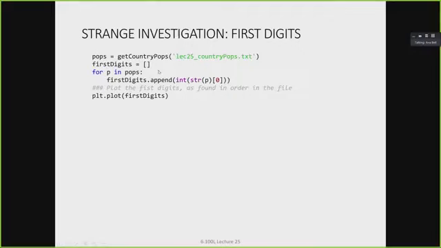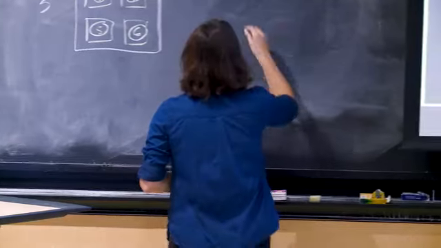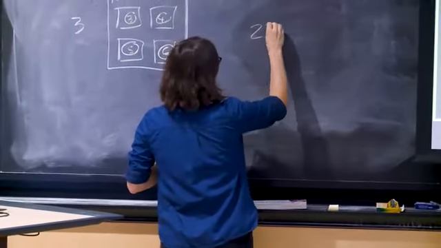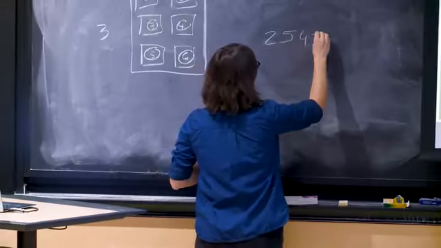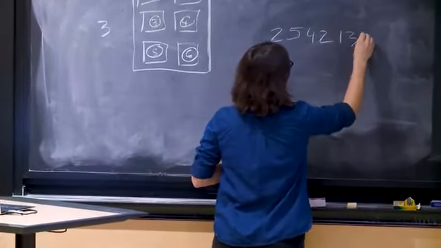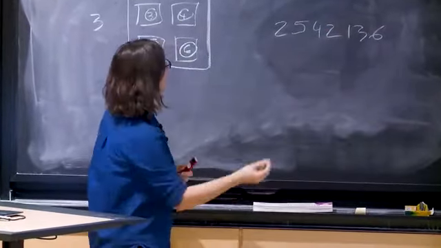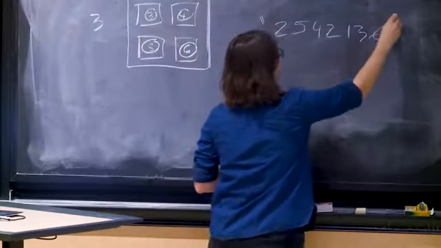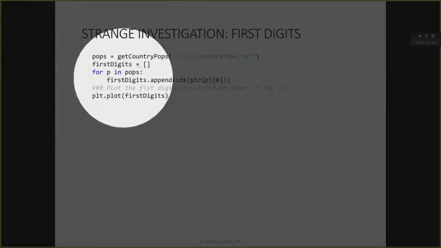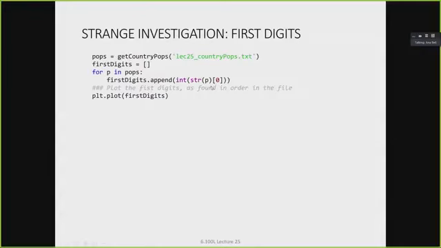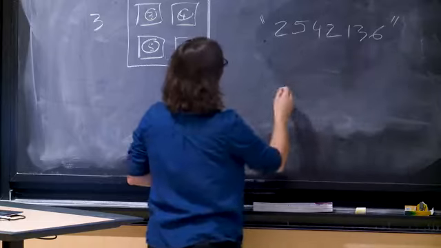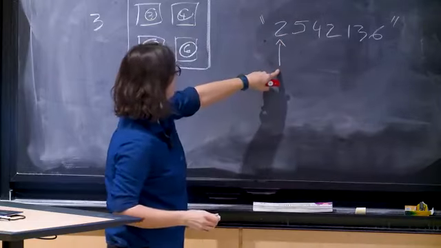So the way we do it is, if we have a population, 2, 5, 4, 2, 1, 3, 6, whatever, I'm going to take this number, cast it to a string. That's what this one line of code is doing, all in one. It casts it to a string, extracts the element at index 0.